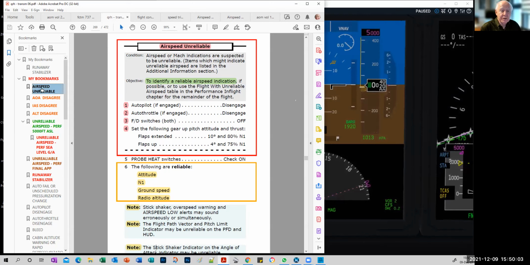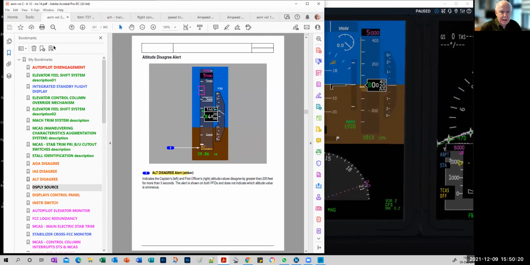So that's 4 degrees of pitch and 75% N1. That is reflected in the FCTM. So just recapping on those two messages.